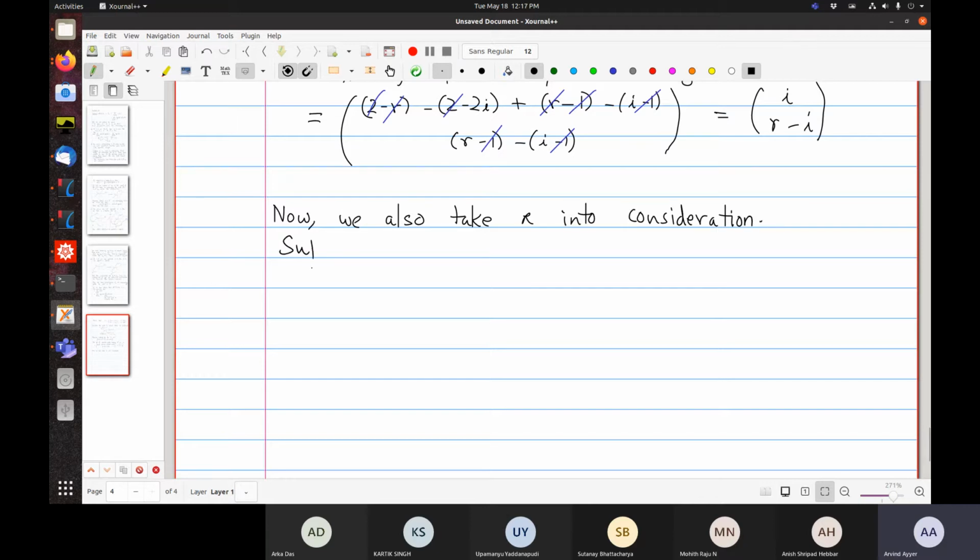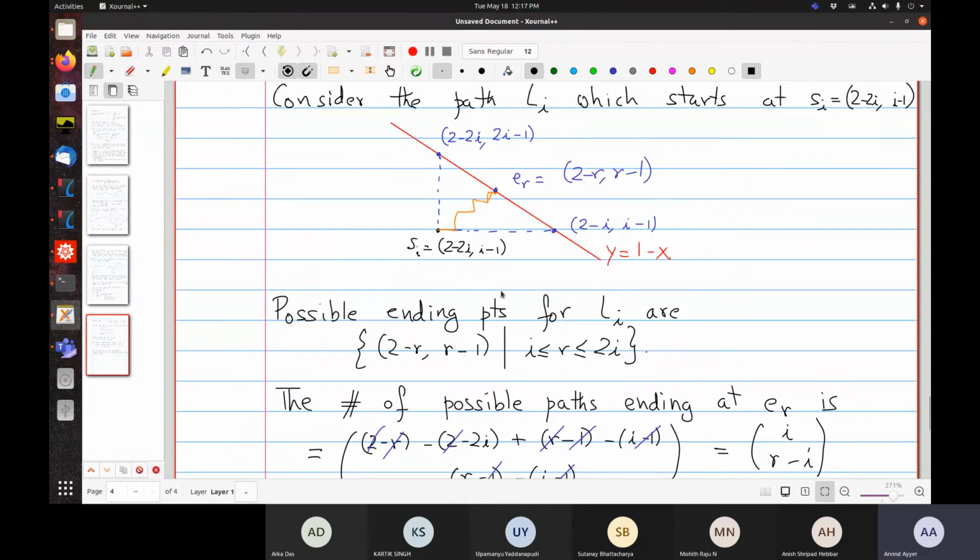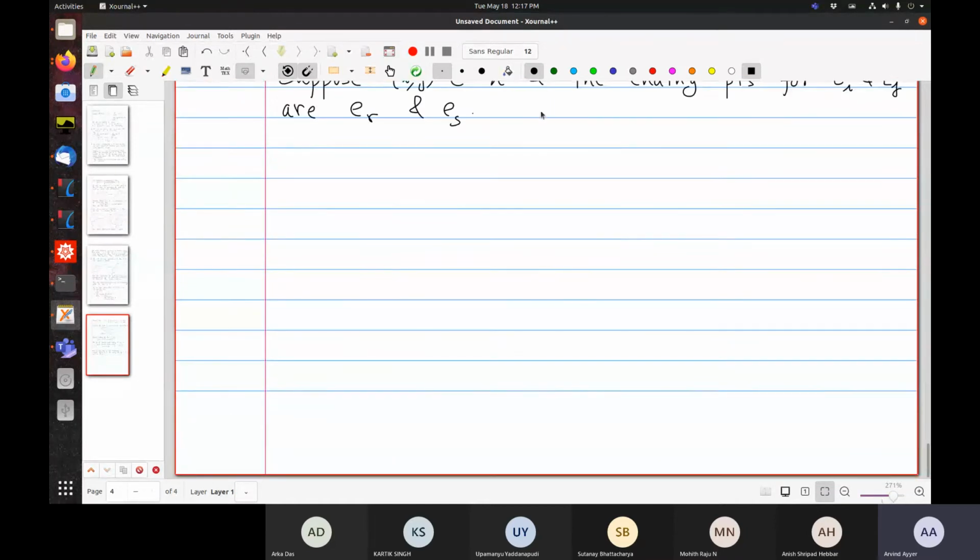So suppose (i, j) belongs to pi. Let's see what happens there. And the ending points for Li and Lj are E_r and E_s. Oh, E_s, let's say, not respectively, let's just see what happens. So E_r, remember, is my notation for this. So E_s is 2 minus s. So let's write that.